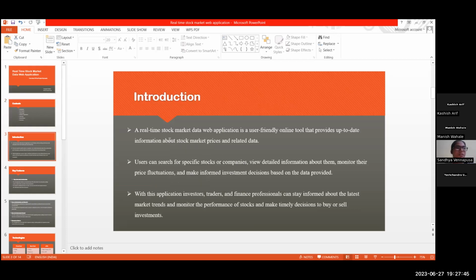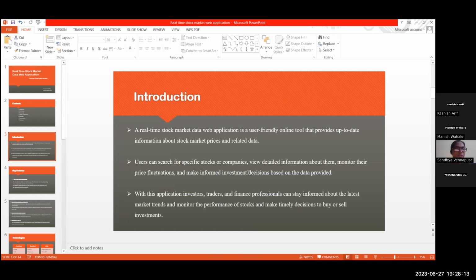So, introduction: what is a real-time stock market data web application? It is a user-friendly online platform that provides up-to-date information about stock market prices and related data. Users can search for specific stocks or companies, view the information about them, and monitor details like price fluctuations and make informed investment decisions based on the data provided.